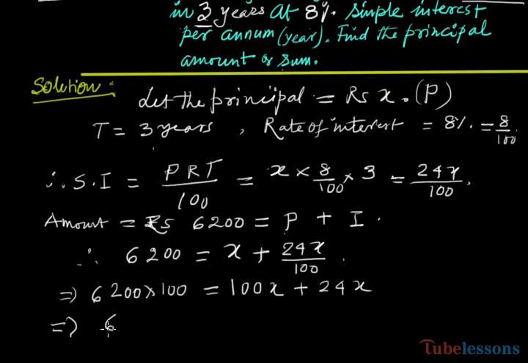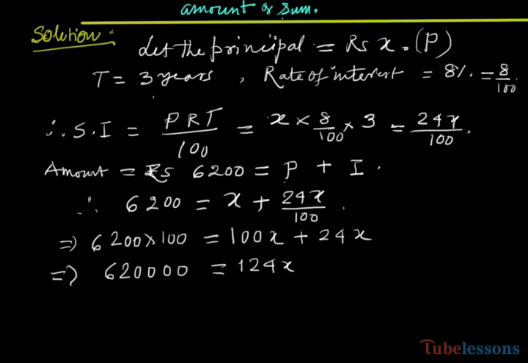That is 6200 with another 2 zeros is equal to 124x. Therefore, x is equal to 620000 by 124.